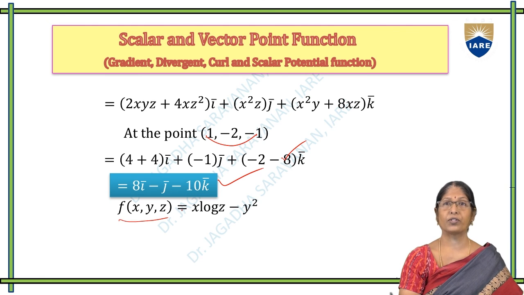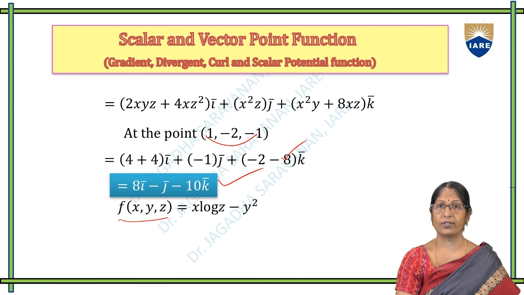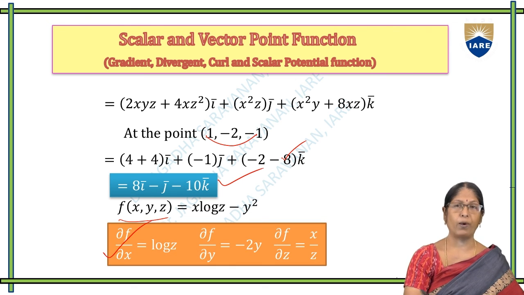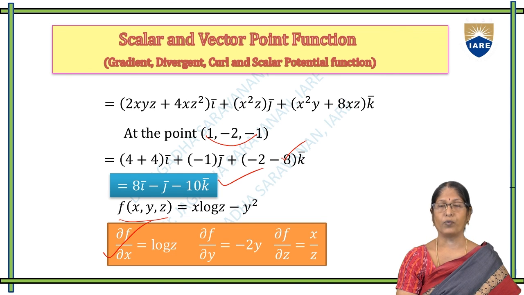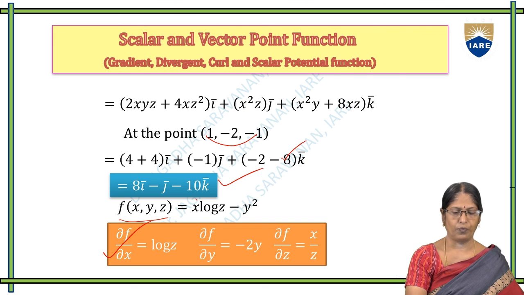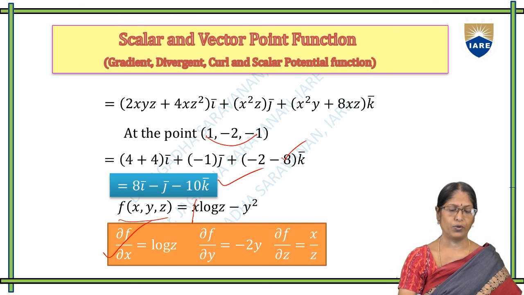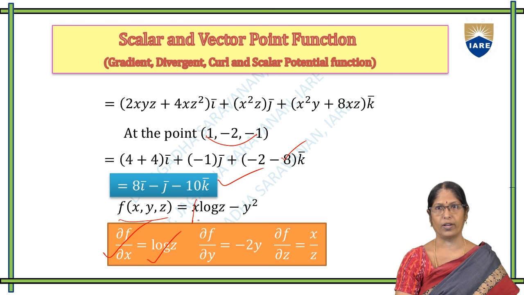Now, another function which is given, f, defined in the variables x comma y comma z, equal to x log z minus y square. For that, dou f by dou x, we have to differentiate partially with respect to x. So it is 1 into log z, which is log z.